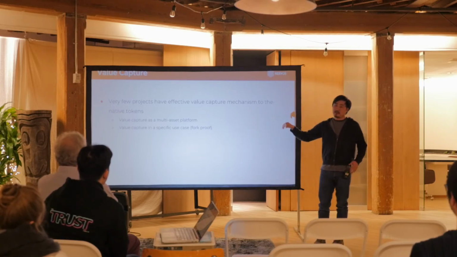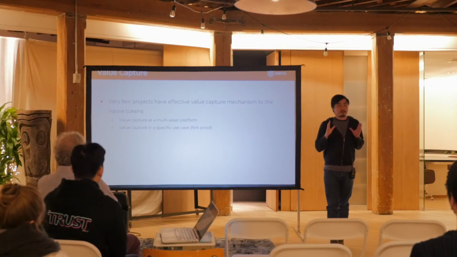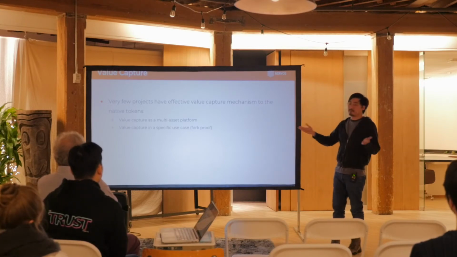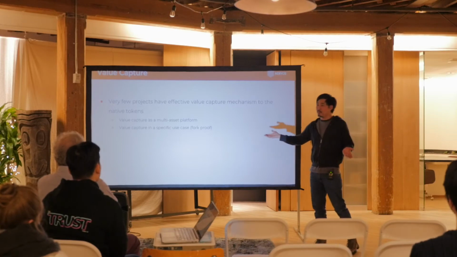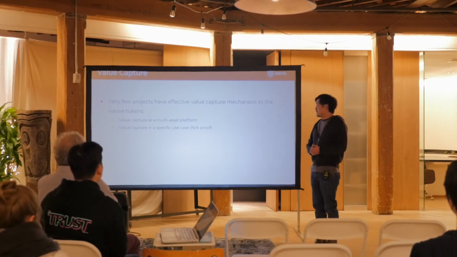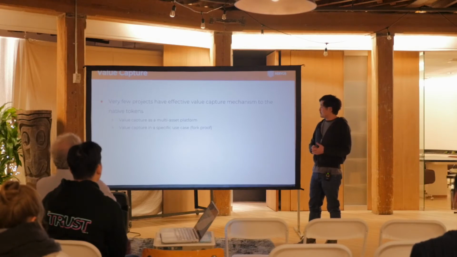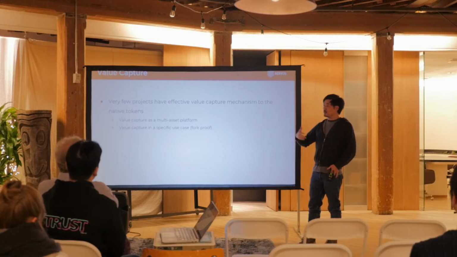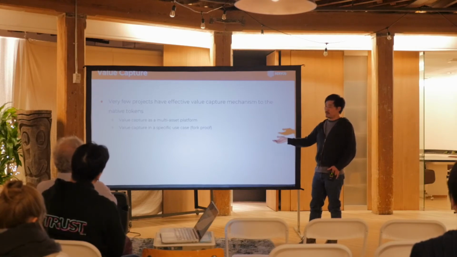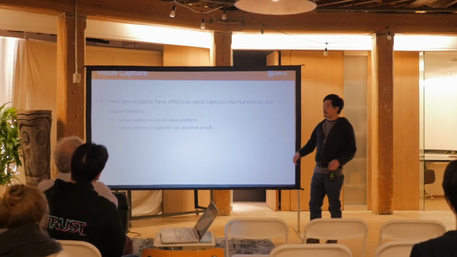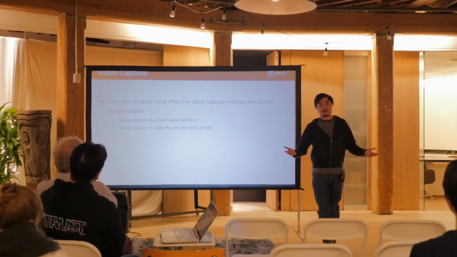And also value capture in the specific use case, right? So let's say I'm a blockchain built for, what is a good example? Payments, right? I'm a payment blockchain. Then, okay, you can capture part of the value when you start. We're the only one, but are you fork proof, right? When Litecoin introduced another way to do transactions, when Dogecoin came around and said, hey, I have even cheaper fees, and when Bitcoin forks 100 times, right?